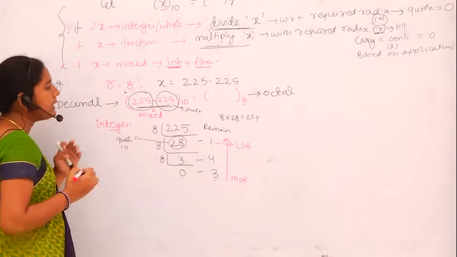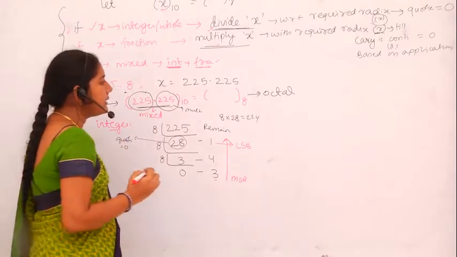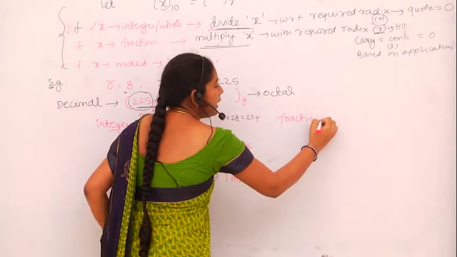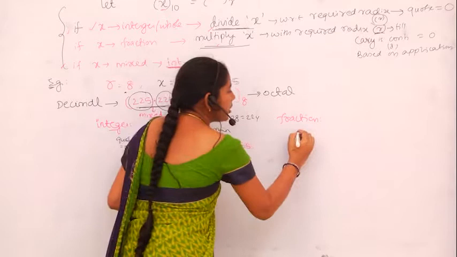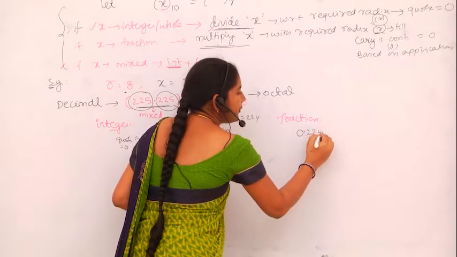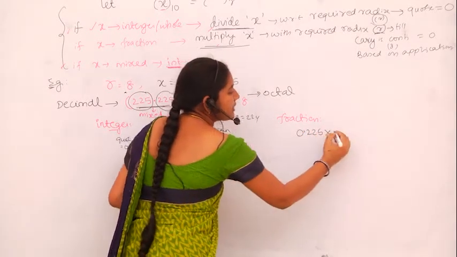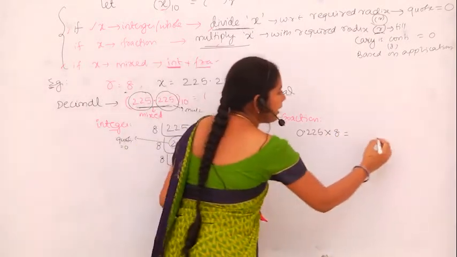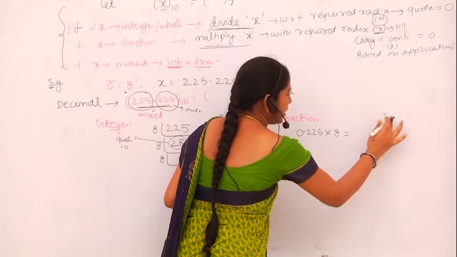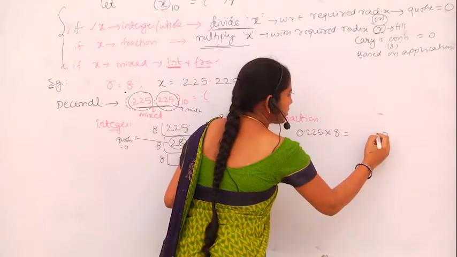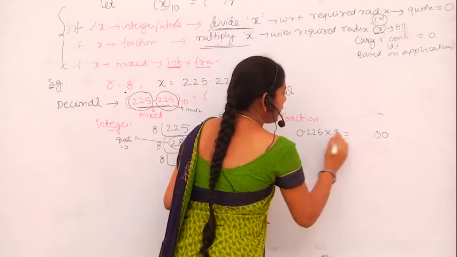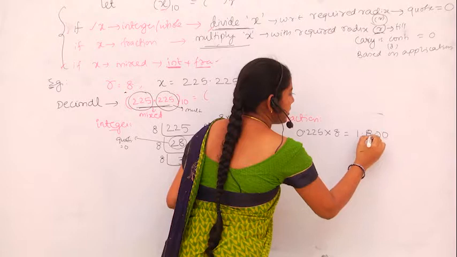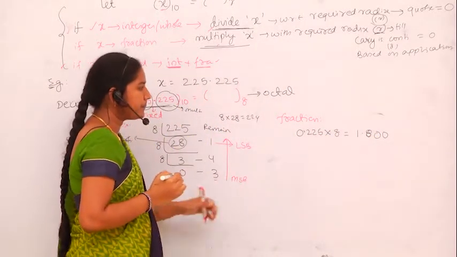With this, the integer part is over. Now consider the fraction. Here the fraction is 0.225. Multiply this fraction value with radix 8. Then we'll have 1.8, right?